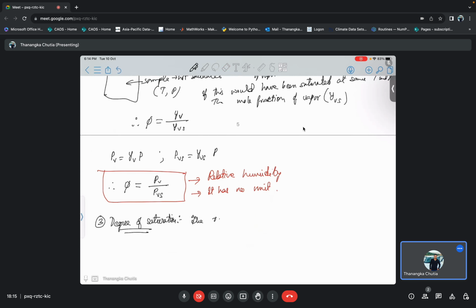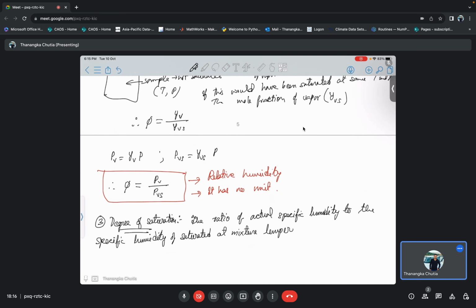The ratio of actual specific humidity to the specific humidity of saturated air at the same mixture temperature is known as degree of saturation.